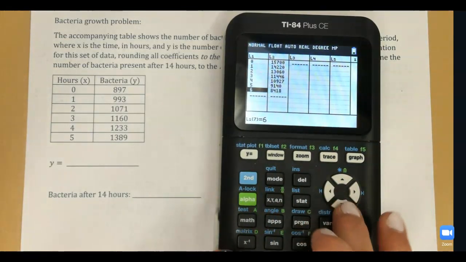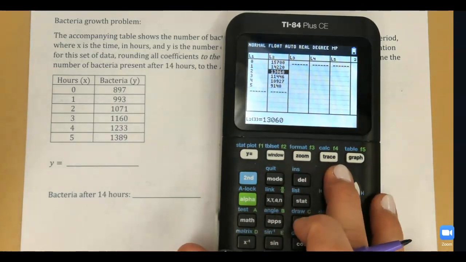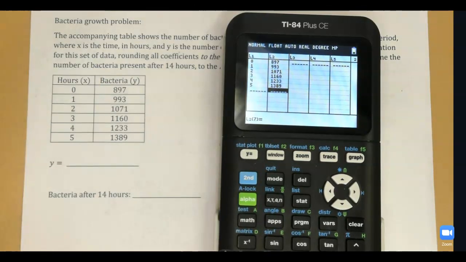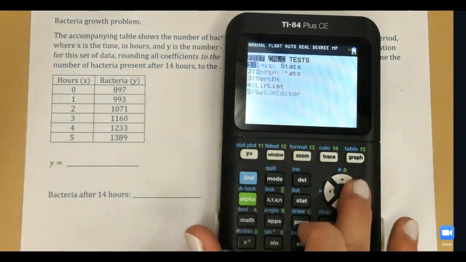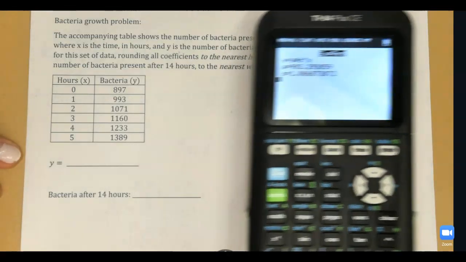So what I can do is just go down to that one I don't need and hit delete. And then I can just hover over the other values and replace them. Okay, then again, stat, calc, exponential regression, and enter 5 times.